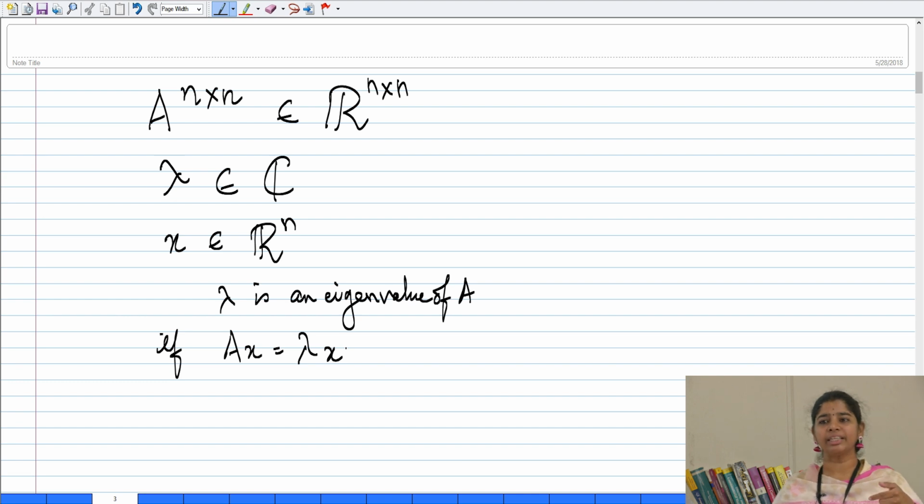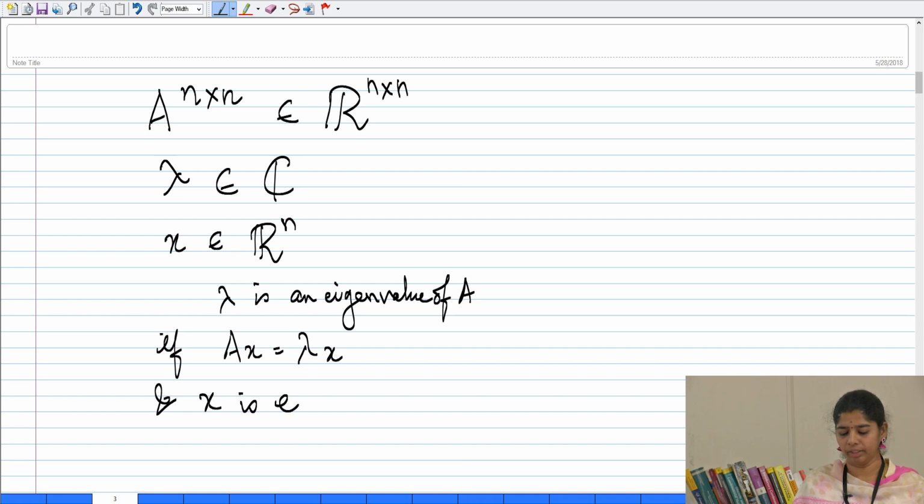So, what are the things here given and what is existence? If there exists a vector, and if we are able to write Ax is equal to lambda x, then we say that lambda is an eigenvalue and x is the eigenvector corresponding to lambda, right.